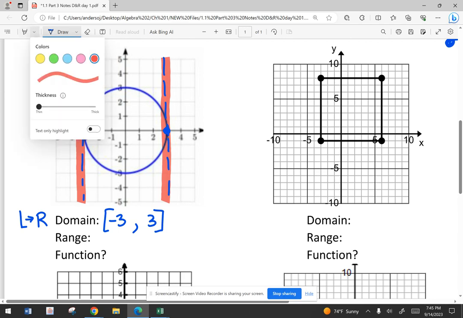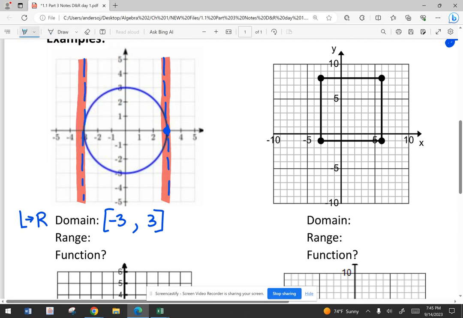I'll use a different color and we're going to look at the range. Remember, with the range, we're going from the bottom to the top. Okay, we were just looking at the X values. Now we're going to be looking at the Y values. When I go all the way across, I have the bottom of the graph to the top of the graph.